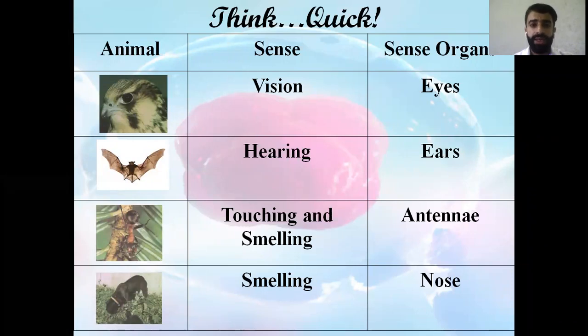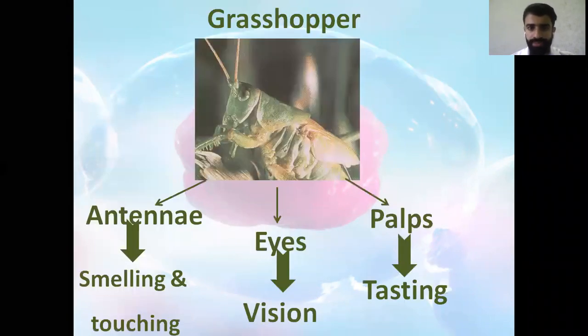The bat uses the sense of hearing, and the sense organs are the ears. Touching and smelling is the sense used by the ant, while the antenna is the sense organ. Smelling is used by the dog, and the nose is the sense organ.